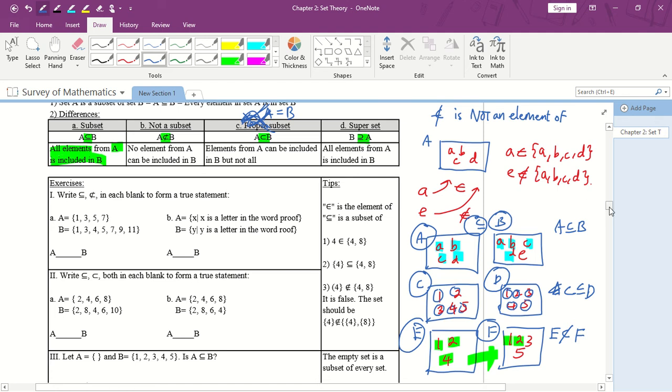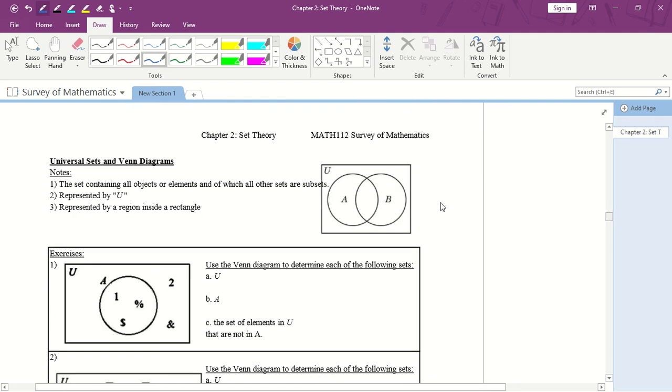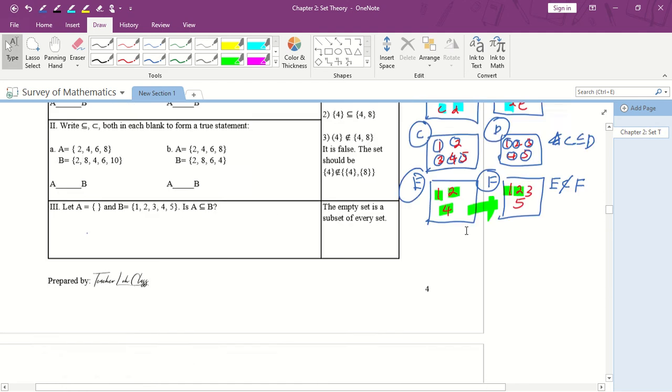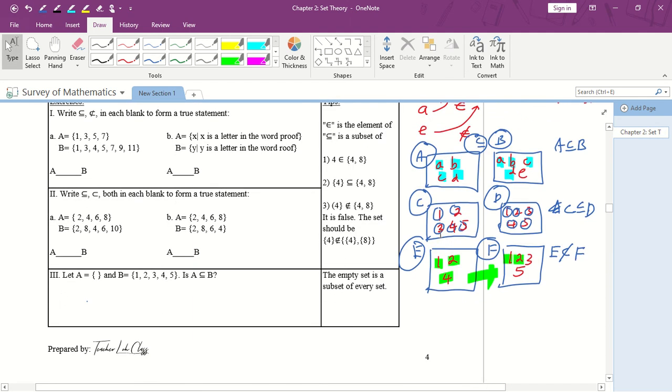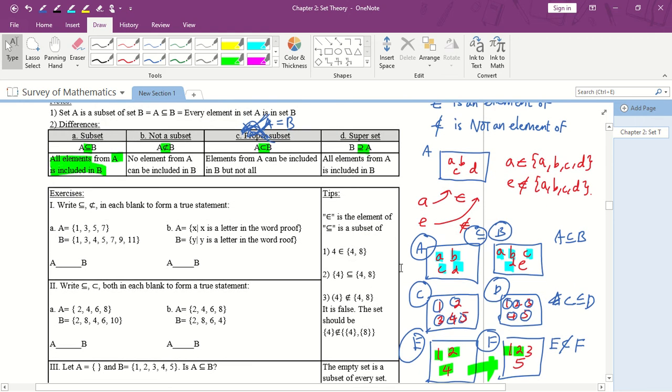It just means that it is okay to have all elements from A included in the elements of B. Just like this question, we can also write it as A is a proper subset of B.